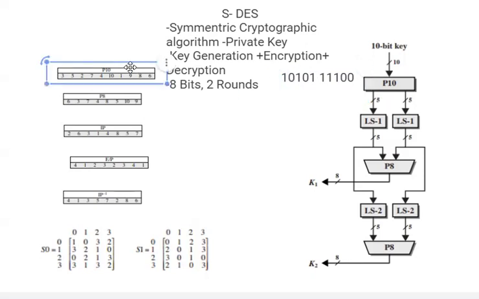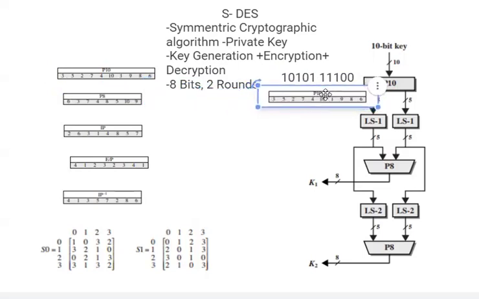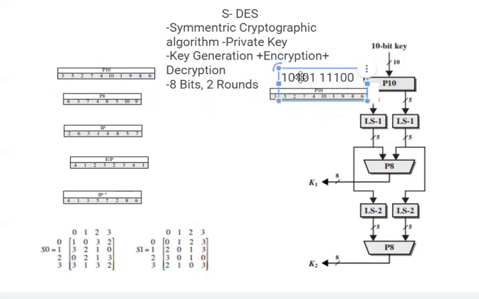If you want to apply the 10-bit permutation, after permuting, the third bit, which is 1, will be the first bit.